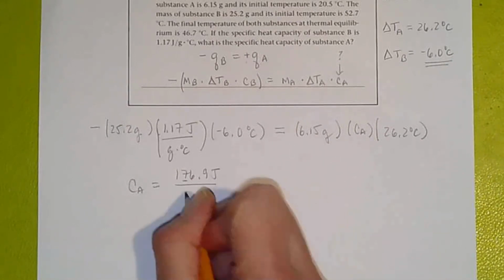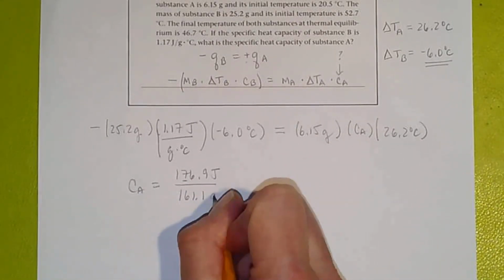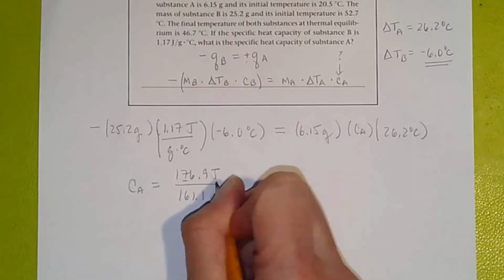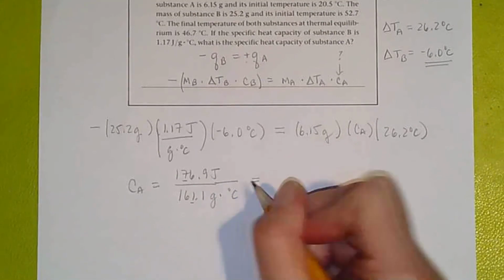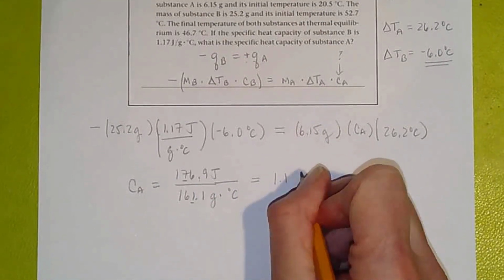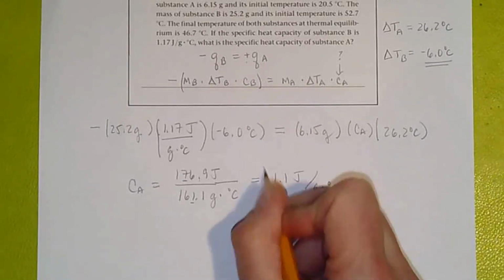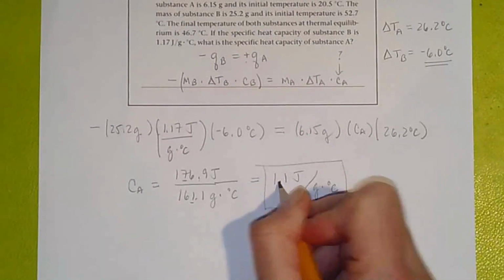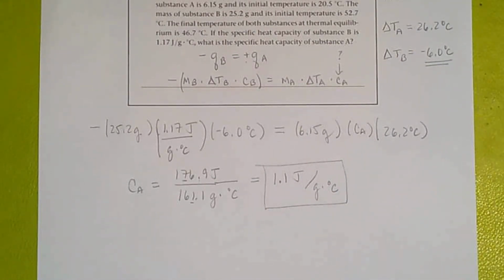And then on the bottom we have 161.1 grams times degrees Celsius, and that has 3 sig figs. So our answer is going to have 2. It's going to be limited by this, and it comes out to 1.1 joules per gram per degree, which is the unit we want for heat capacity. Notice that it is a little bit less than the heat capacity for substance B.